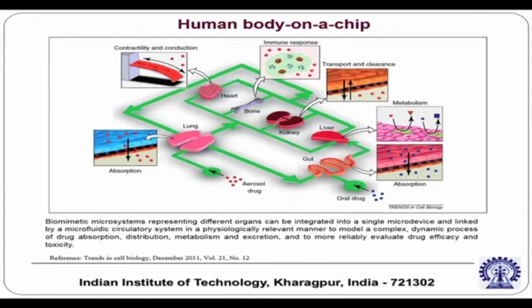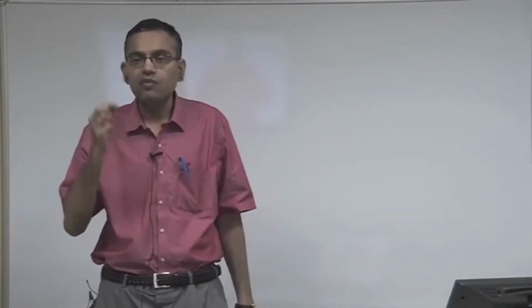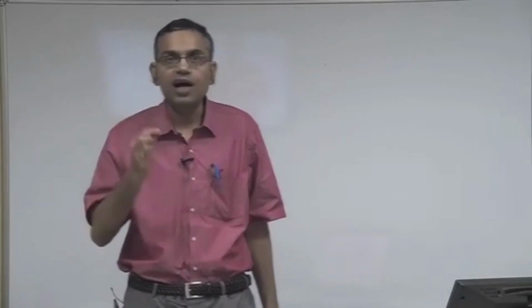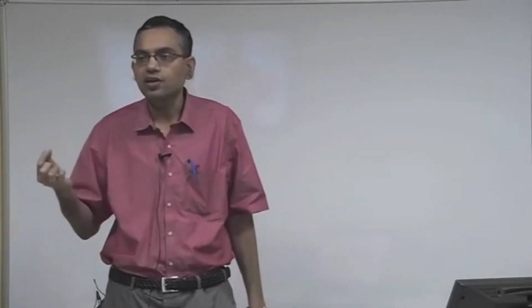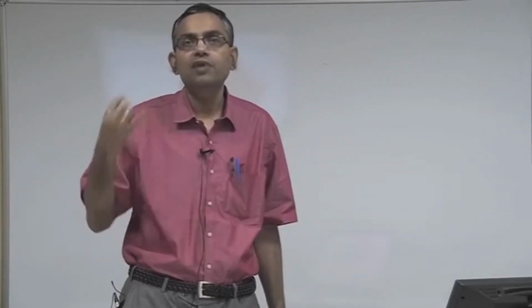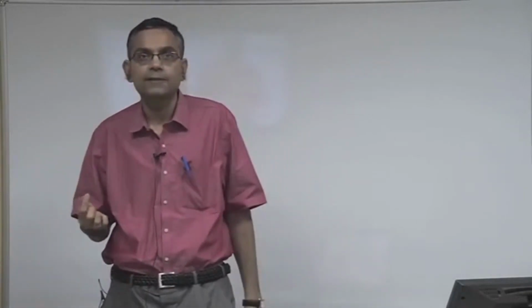Let us say that a certain drug is used to cure a certain disease, but many times the side effect of the drug on other parts or other organs of the same human body can give rise to many adverse consequences. It can even give rise to death.